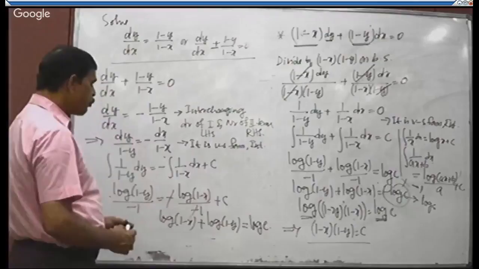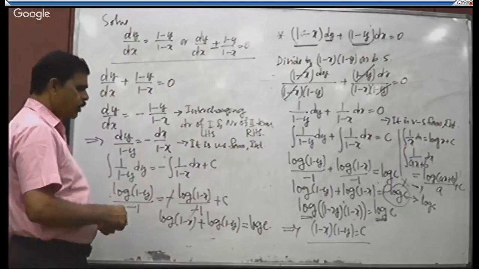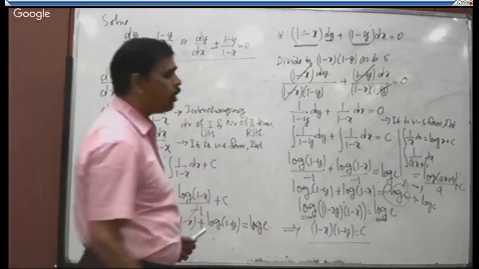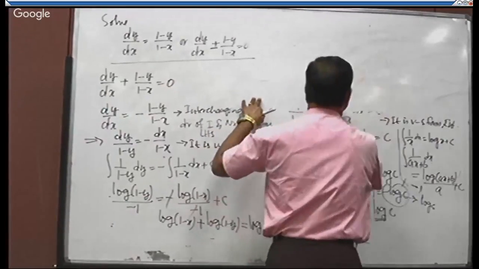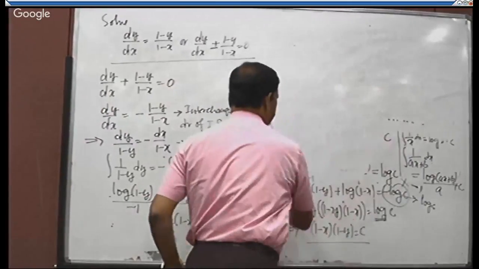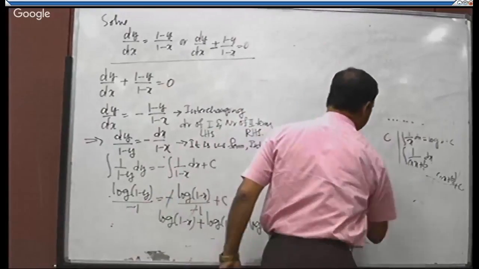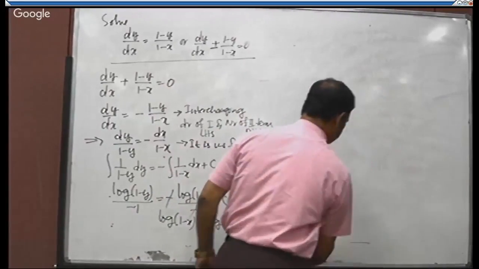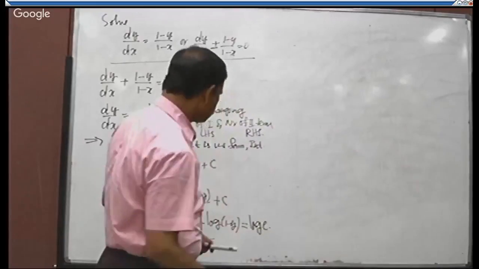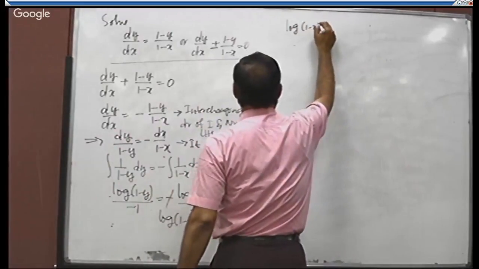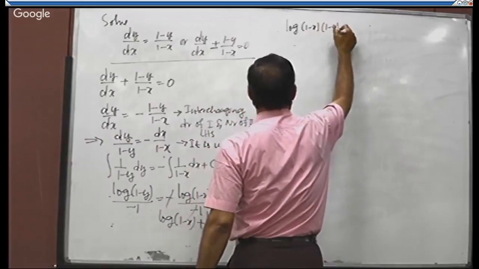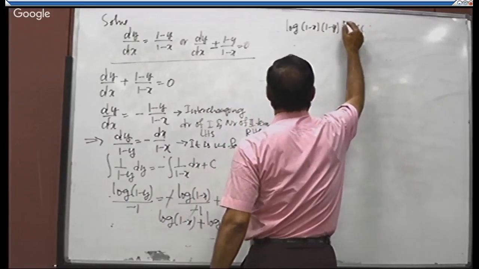Right? Log m plus log n is what? Log m plus log n is equal to log mn. Log of (1 - x)(1 - y) is equal to log c.